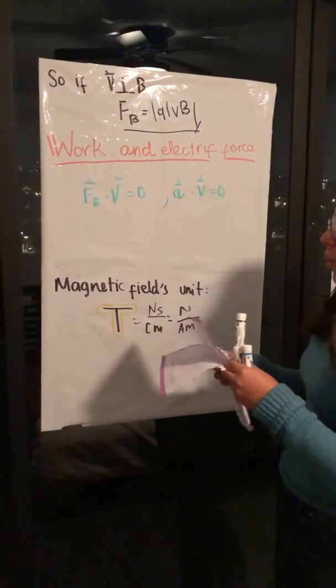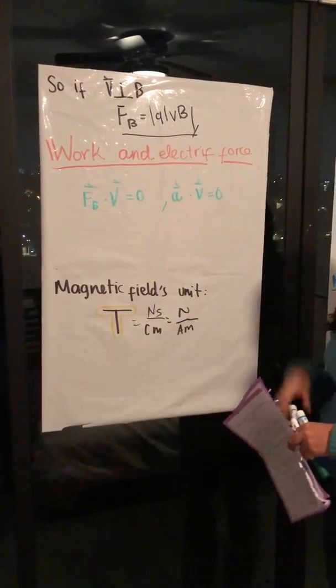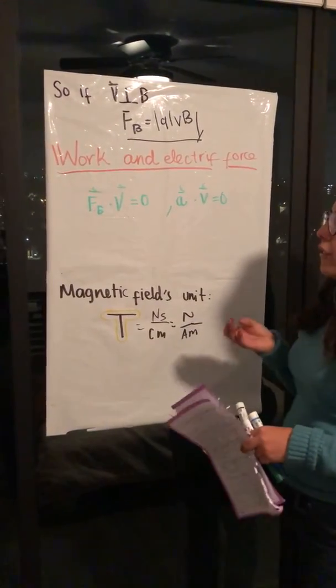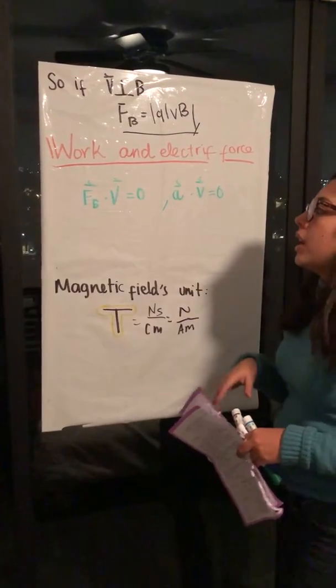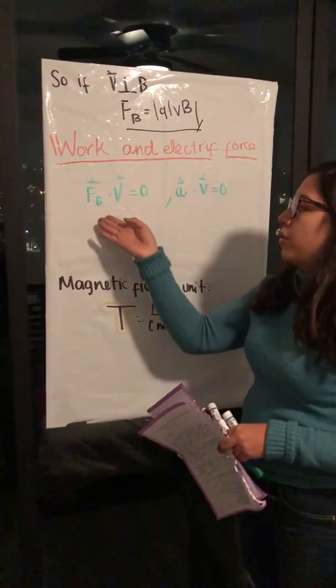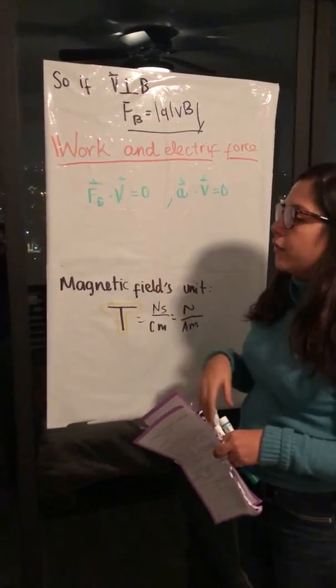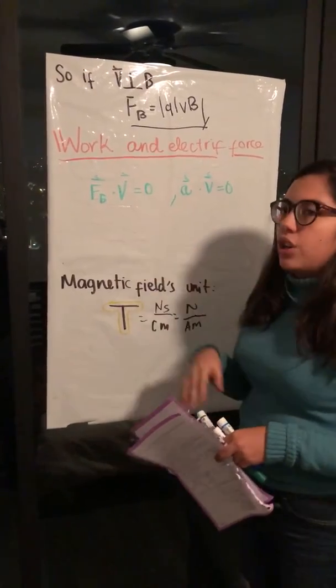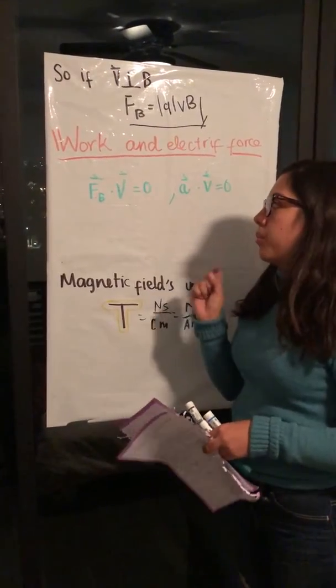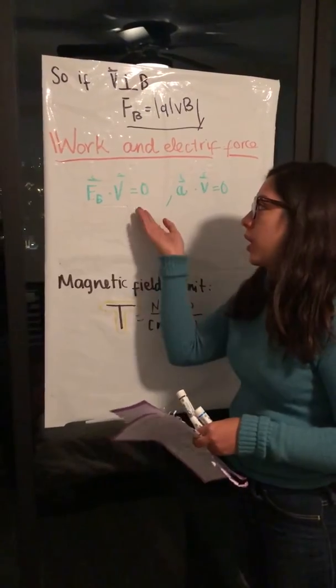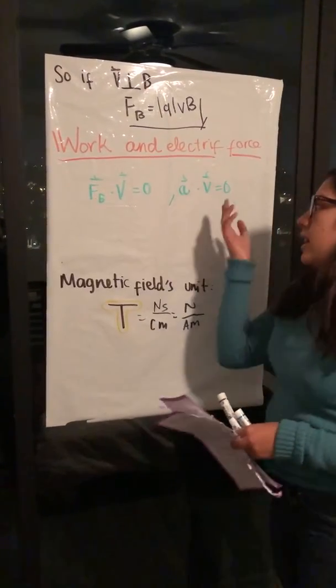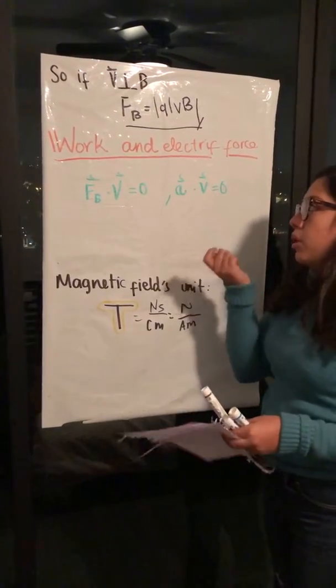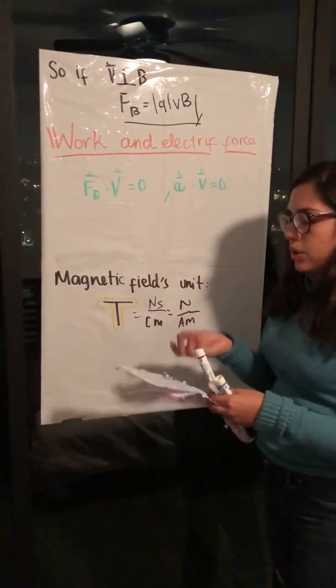Now, going on with work and electric force, we must have these two concepts clear. If the magnetic force and the velocity are perpendicular, the dot product would be equal to 0. So as the acceleration, the dot product with the velocity would be equal to 0.